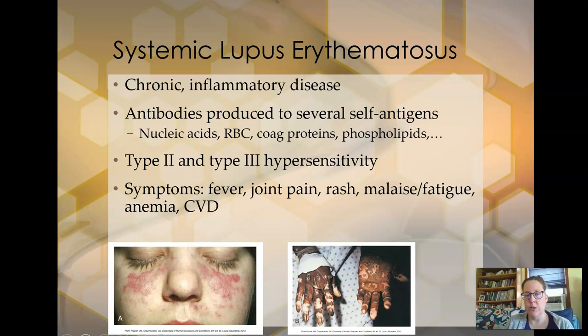The symptoms of lupus are fever, joint pain, and a rash across the bridge of the nose, like a butterfly rash. Also malaise, fatigue, anemia, and cardiovascular disease. This is a systemic disease, and it's progressive.